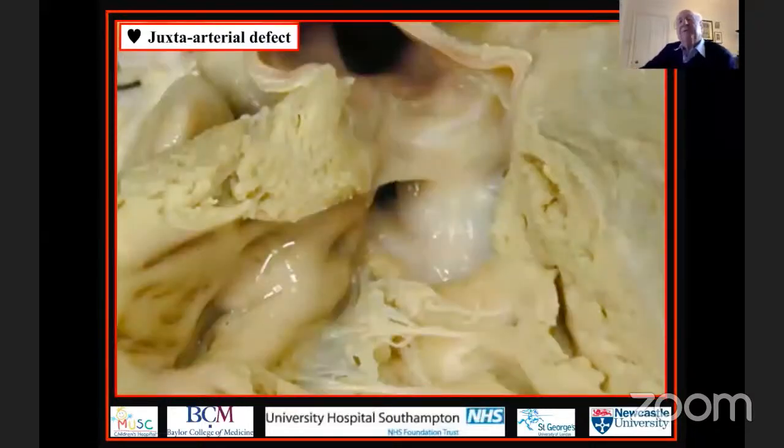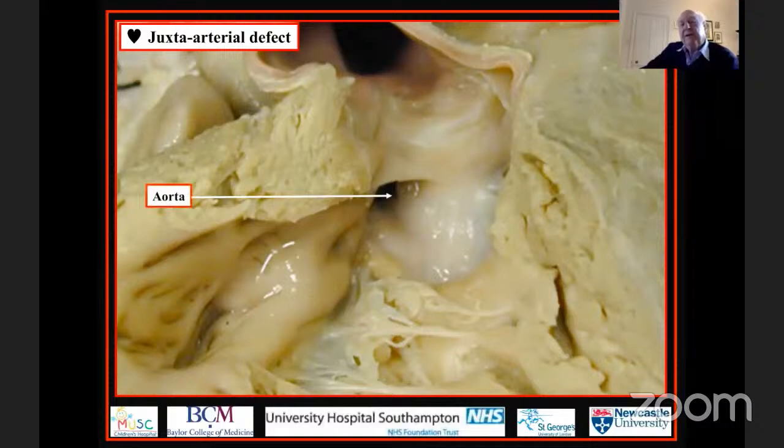But what happens if the outlet septum does not muscularize and retains that freedom in the space above the interventricular communication? And that is exactly what we see here in double outlet right ventricle with a juxta-arterial defect. Because there towards the back you see the aortic root. It is overriding the crest of the muscular ventricular septum.